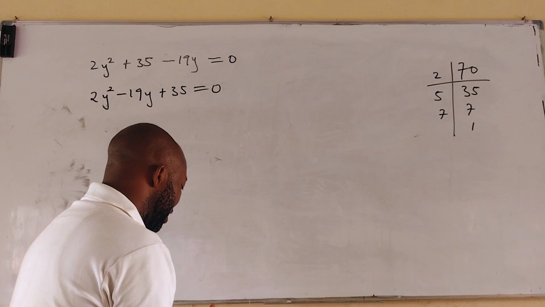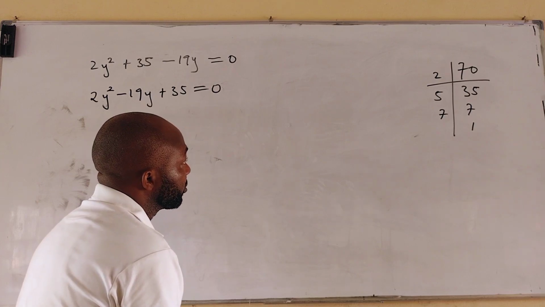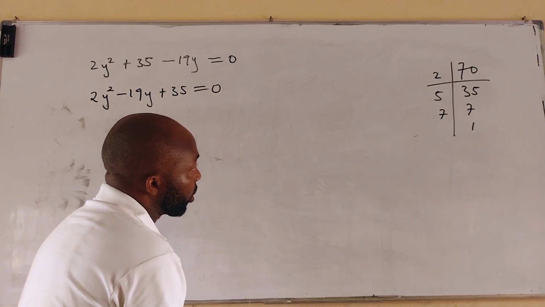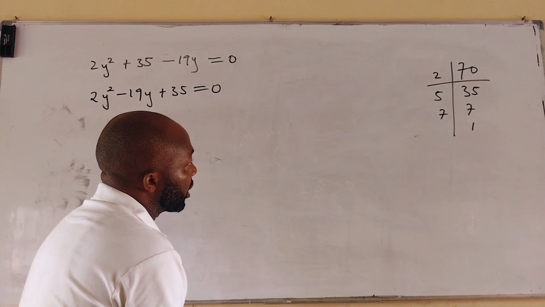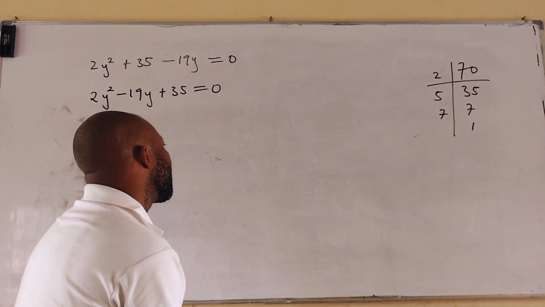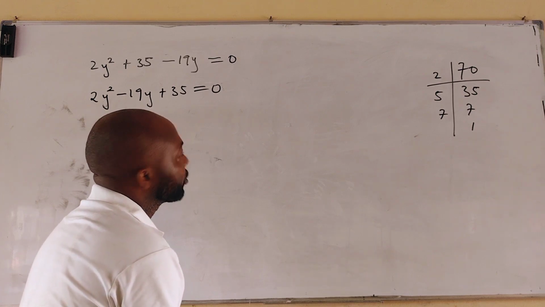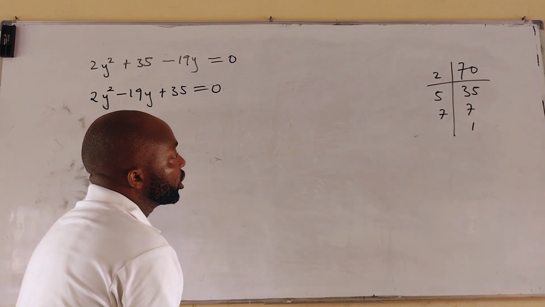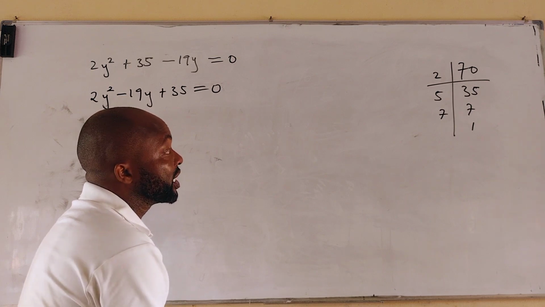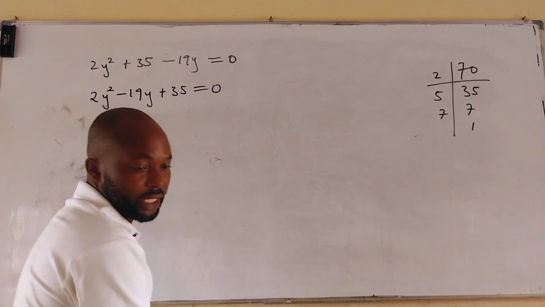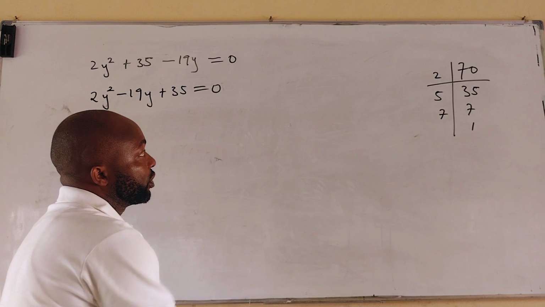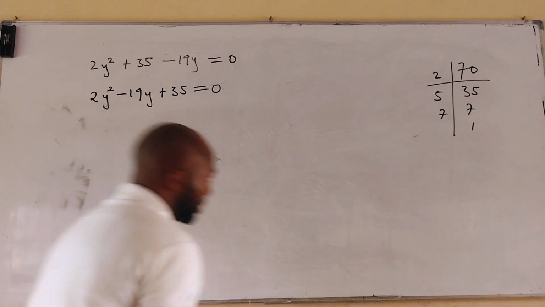Divided by 5 is 7. 7 goes there, 1. Okay. 2 times 5 is 10. 10 and 7 is 17. It will not go. 5 times 7 is 35 and 2 will not give us 19. So it becomes 2 times 7, 14. And 5 will give us 19. I think that's it. So we have 14 and 5.